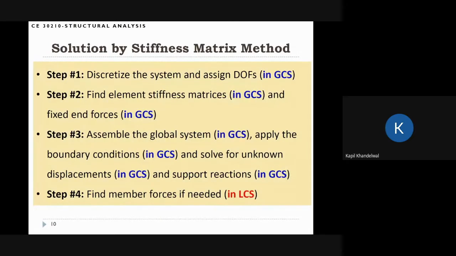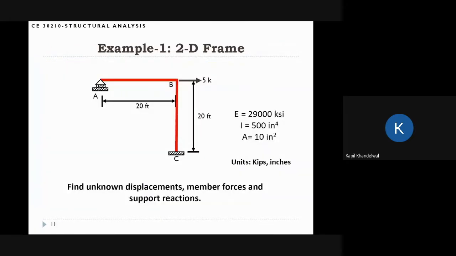So with this, let's start the first example for our class. This is a simple frame in which there are two members, and there is a load acting in the lateral direction of 5 kips, and there is no other load on this member. The properties of these members are given. E is 29,000 ksi, I for both members is 500, and the area is 10 inch square.